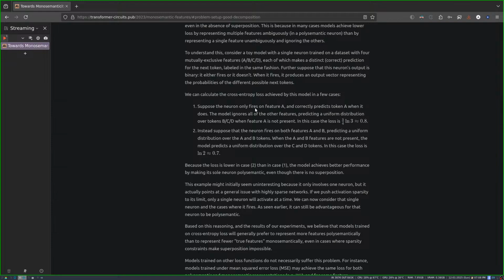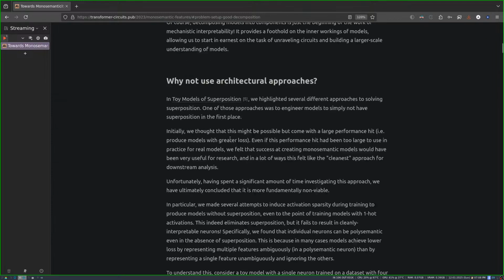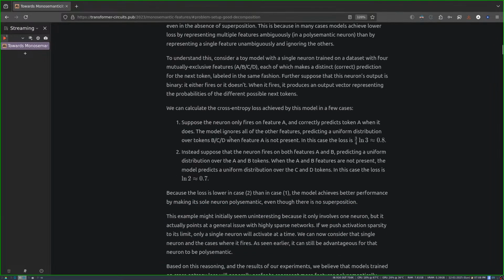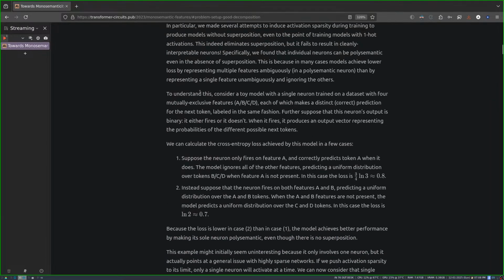So to understand this, consider a model with a single neuron trained on a dataset of four mutually exclusive features, each of which makes a distinct correct prediction for the next token and labeled in the same fashion. Further, suppose that this neuron output is binary. It either fires or not.